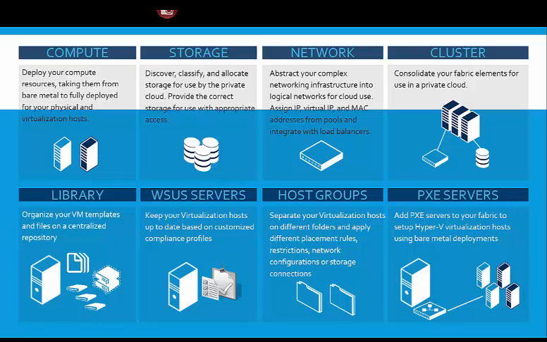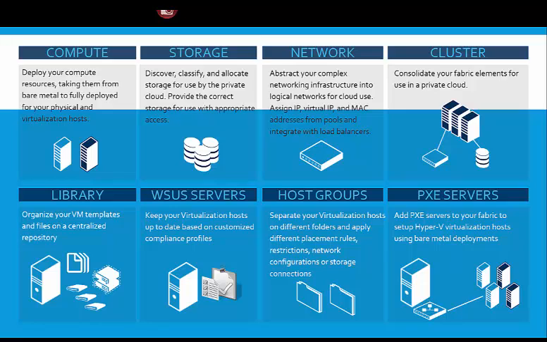So just as a quick summary, this is made up of compute. You deploy your compute resources, taking them from bare metal to fully deployed for your physical and virtualization hosts. We have storage: discover, classify and allocate storage for the use of the private cloud, and provide the correct storage for use with the appropriate access.